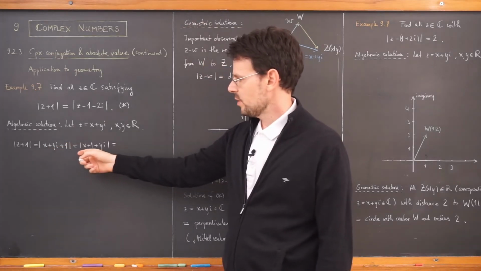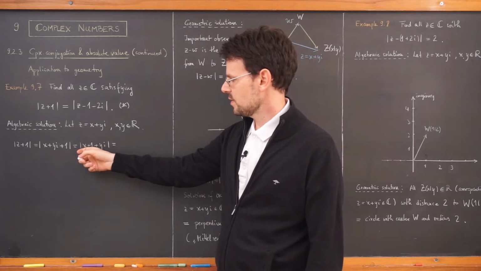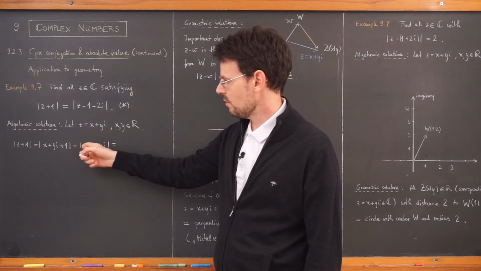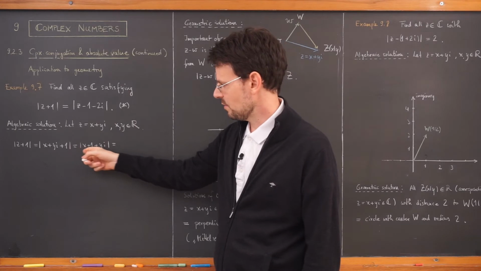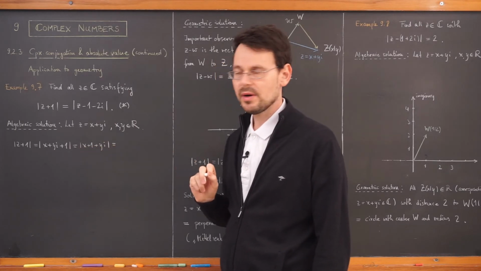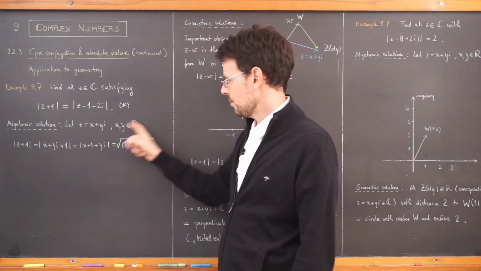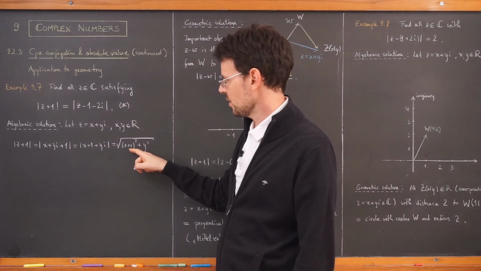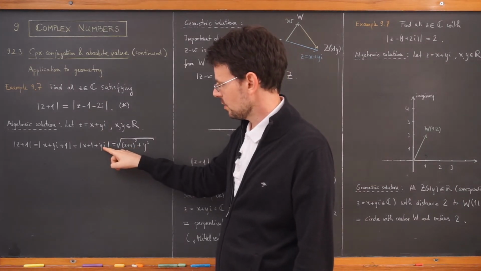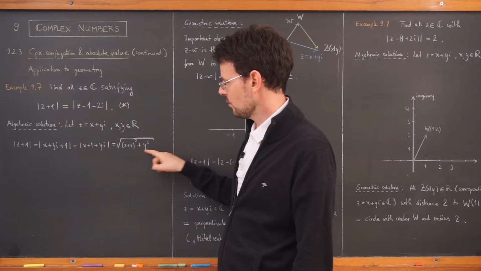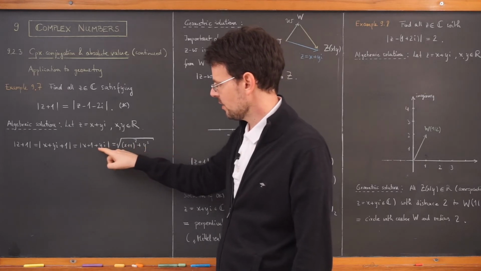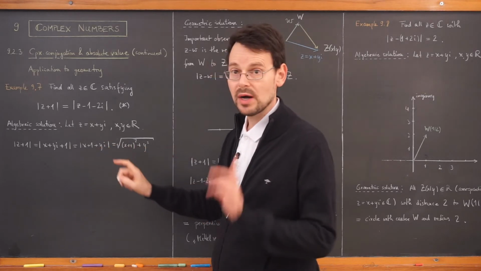So now by definition of the absolute value, this is nothing but the square root of the sums of squares of the real and imaginary part. So we end up with this expression here. Very important, not yi squared, which would give you a minus sign here, but the imaginary part is simply y.